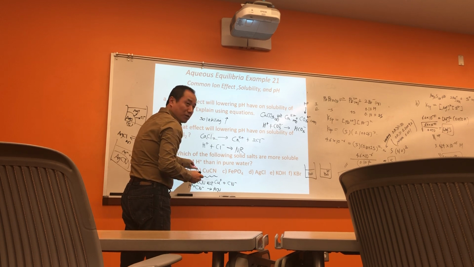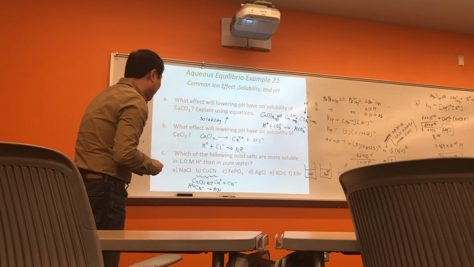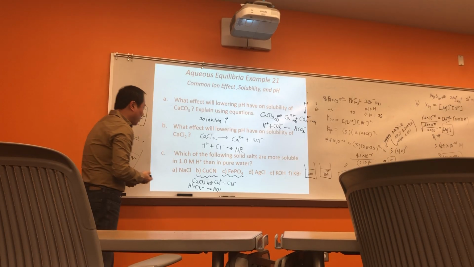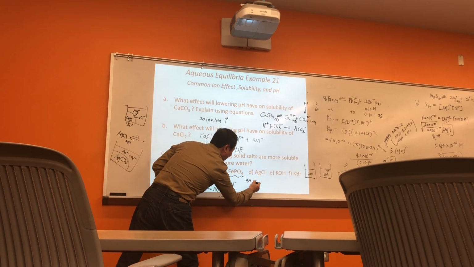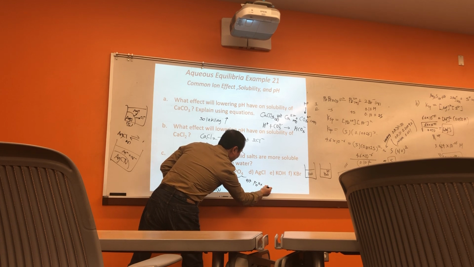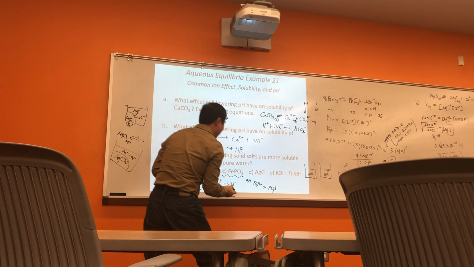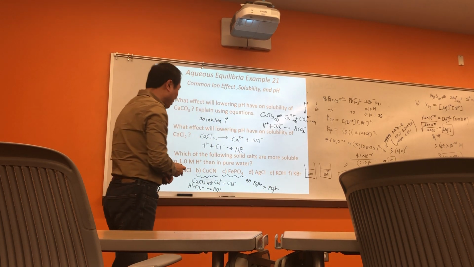But is there any other answer? C. Yeah, C is also another answer. Why? Because when this guy dissolves, it will produce phosphate ion.